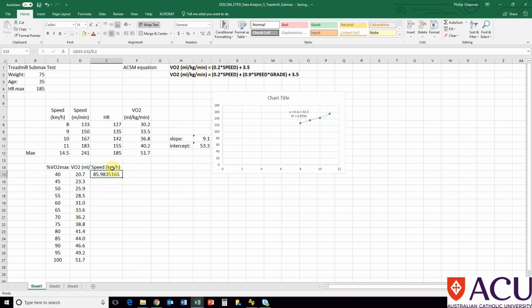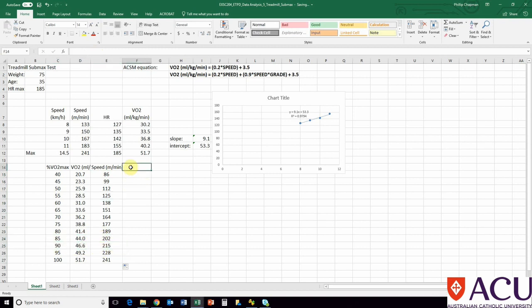And obviously that's not kilometers per hour, okay? That is in meters per minute. And if we fill that down, we've got how fast he's going in each one of these intensity levels, 5% increments.